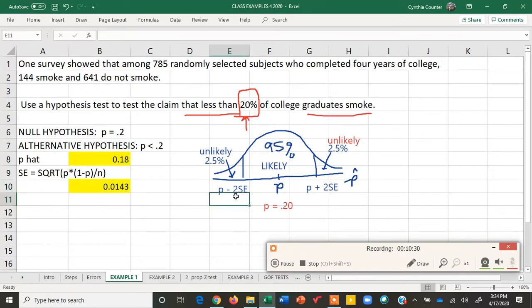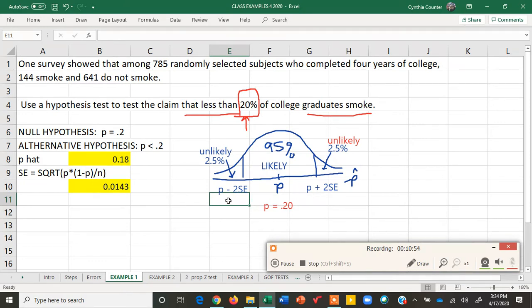So these values then, P minus 2 SE and P plus 2 SE, these could actually be computed if we wanted to know those actual values. Let's go ahead and do that to understand what is happening, although that is not what you would do if you were actually conducting a hypothesis test.